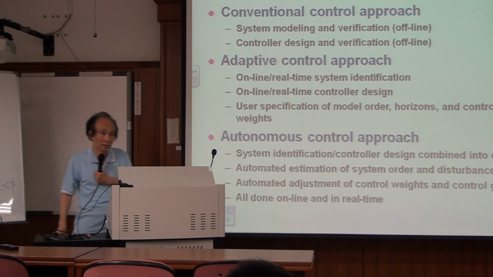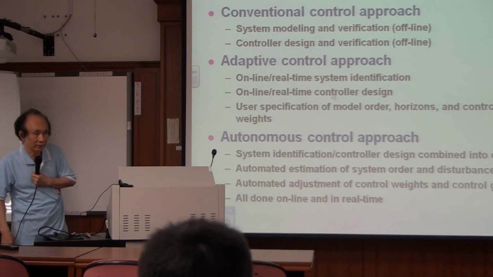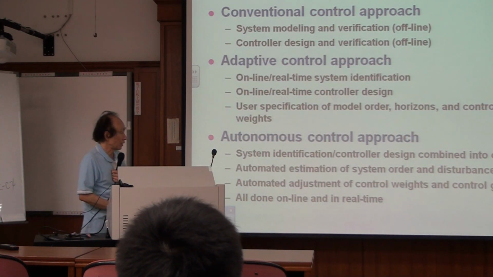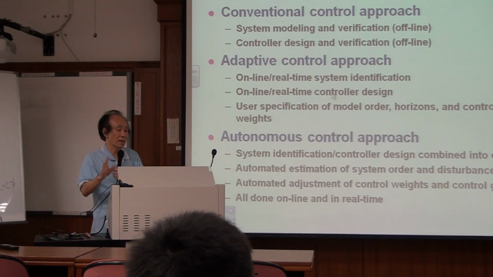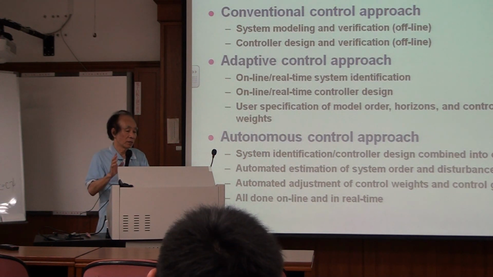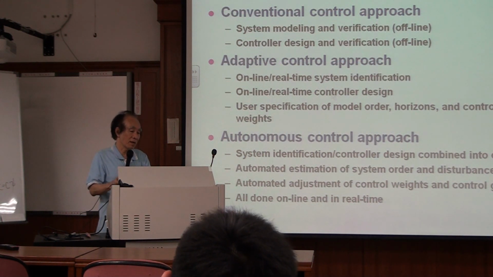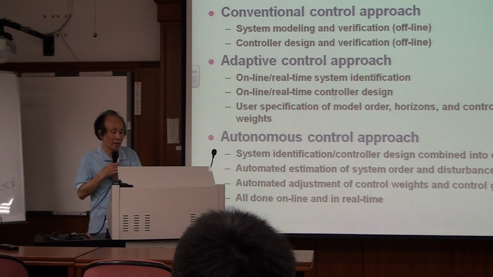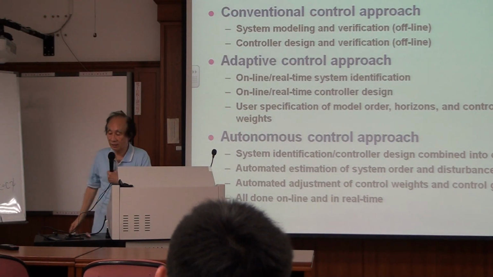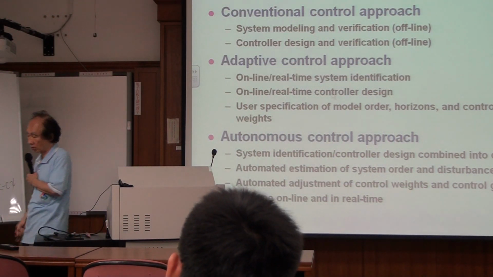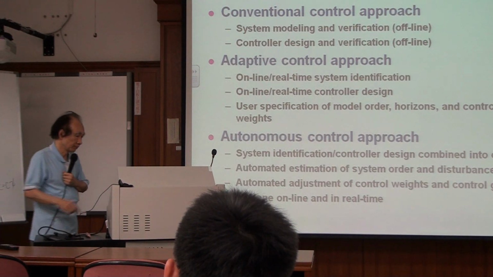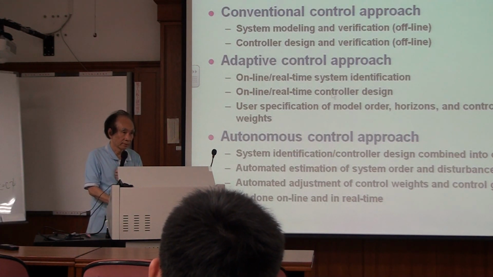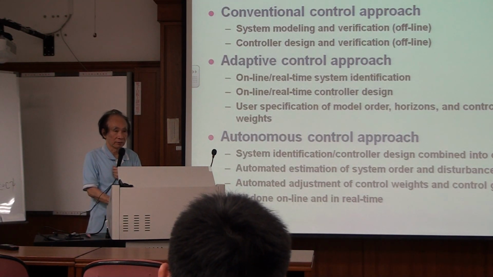There is a way to do that, but I'm not going to do it. But in this class, we'll talk about online system ID and online control design and combine those two together. That's what we call predictive control. Any questions?